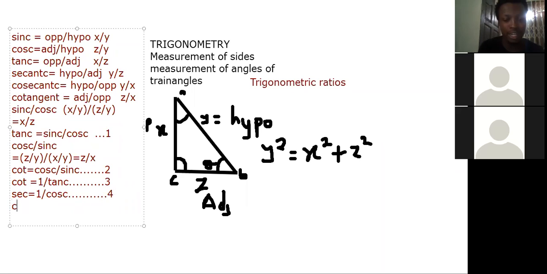Now cosec, let's also see cosec. Cosec here is y all over x.